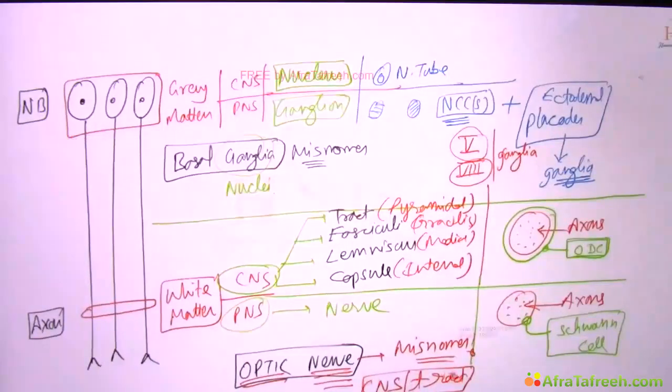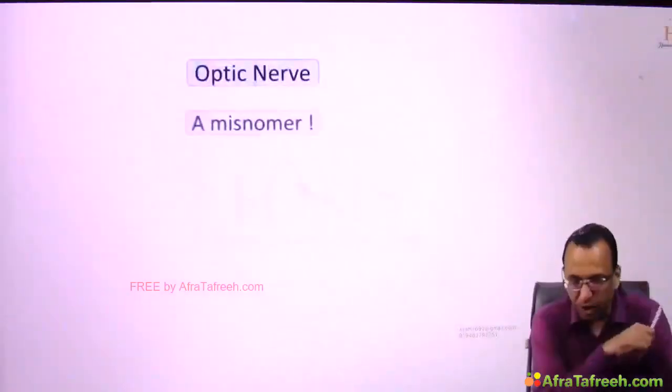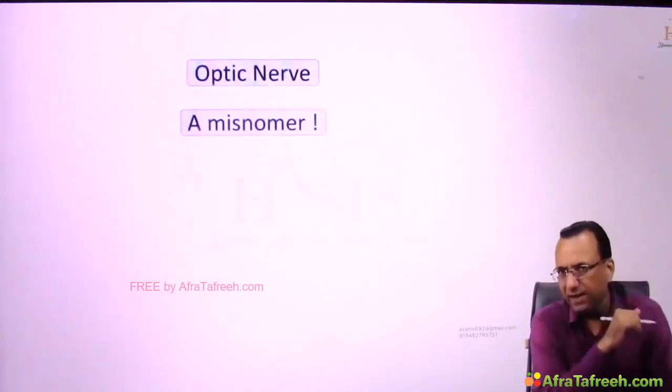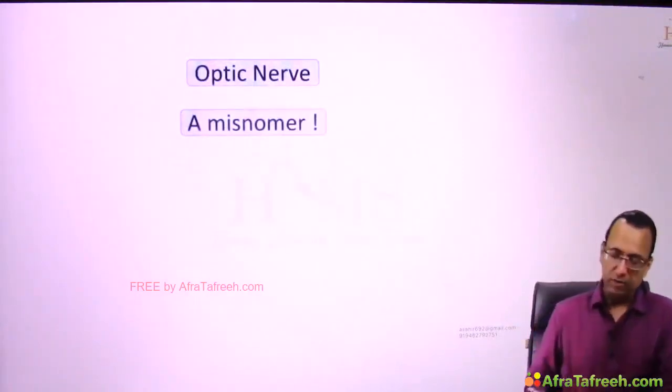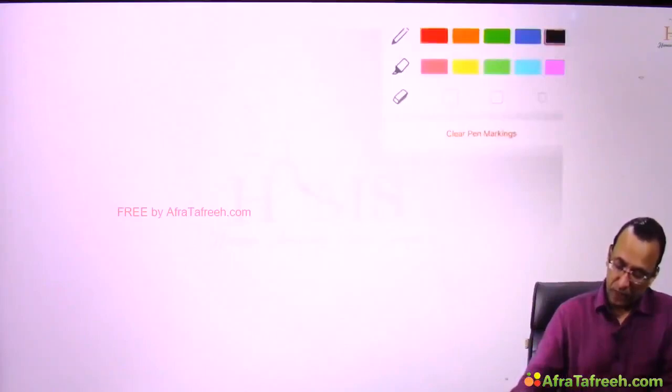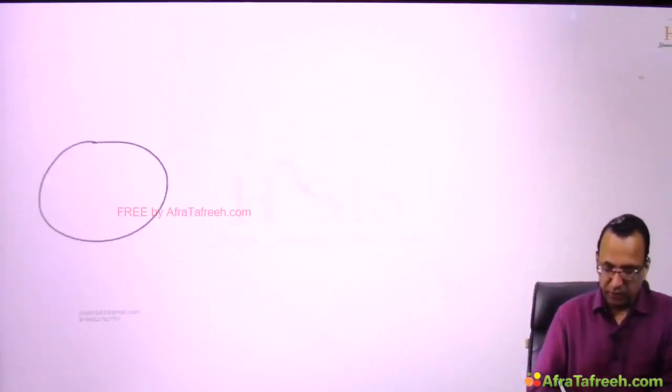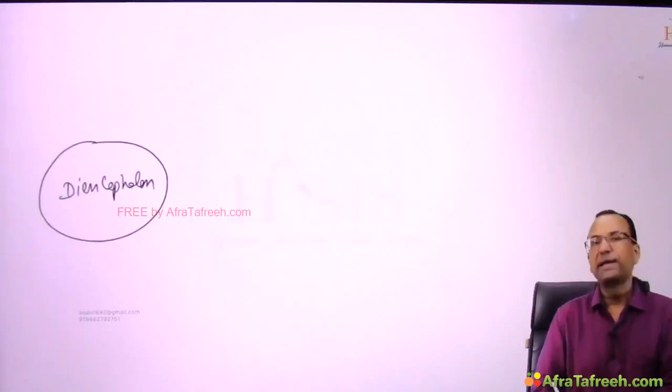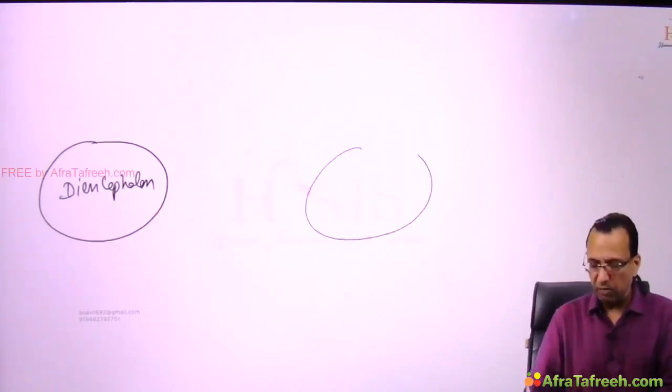The optic nerve is a misnomer. It is not myelinated by Schwann cells. It is myelinated by oligodendrocytes. It is a CNS tract. Let us discuss some more details for the optic nerve then. I'll draw a diagram for that. As you draw the diagram, you will find this is the diencephalon part of the brain, and that diencephalon is growing inside the eyeball.